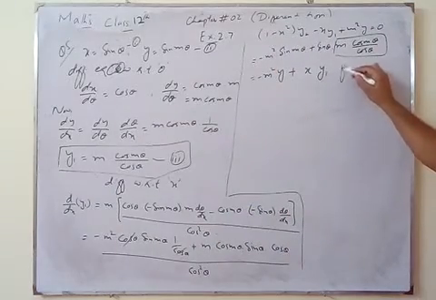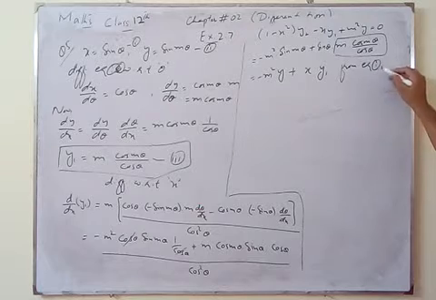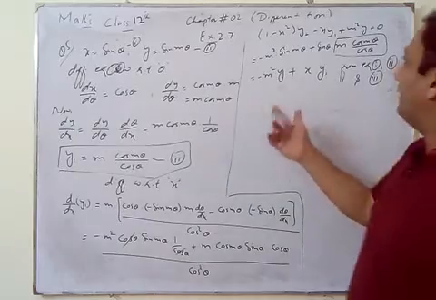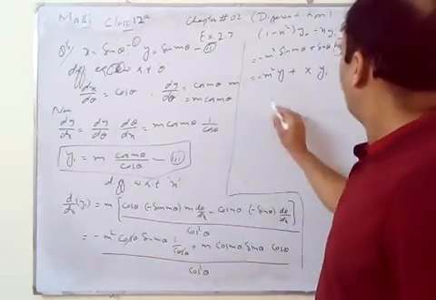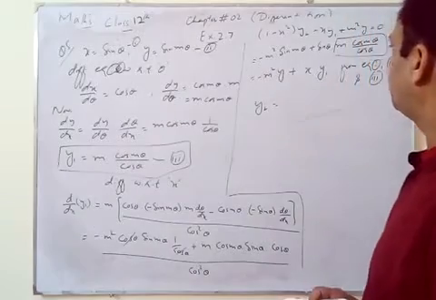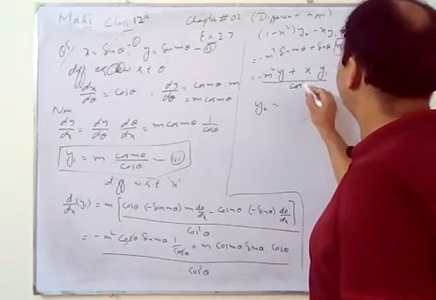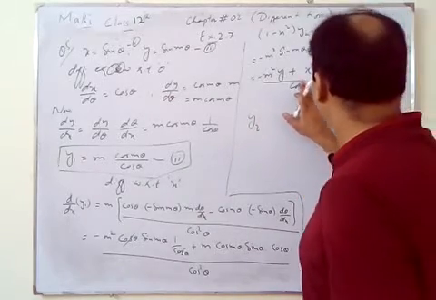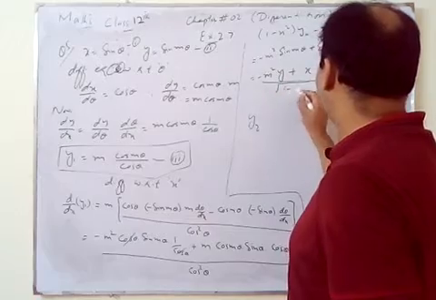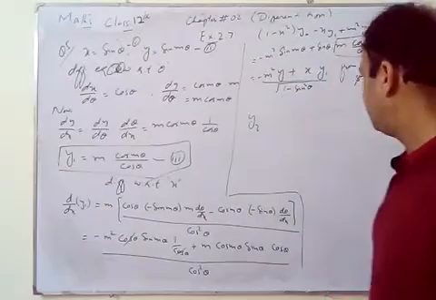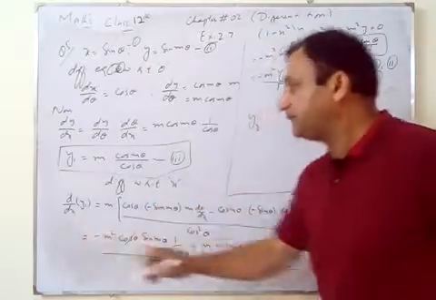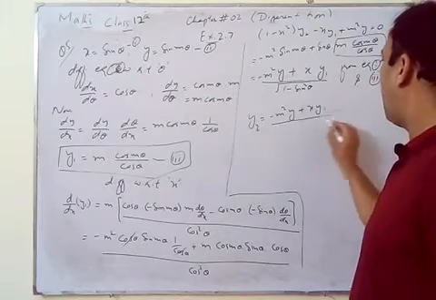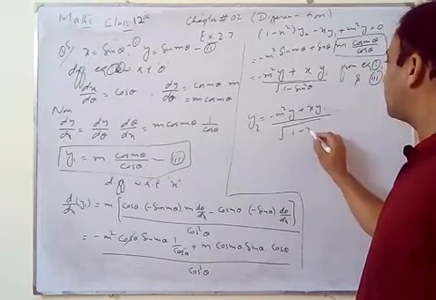Here, from equations 1, 2 and 3, what we have is y2 equal to the whole thing divided by cos square theta. And cos square theta we can also write as 1 minus sin square theta, so y2 on the left-hand side is equal to minus m square y plus x y1, whole divided by 1 minus x square.